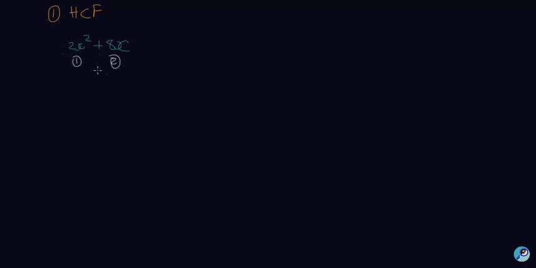So we have 2 terms here. To find the common factor, we look at term 1 and term 2. First of all, check our numbers. We have 2 in term 1 and 8 in term 2. We see that 2 is divisible by 2, and 8 is divisible by 2. So the common factor of my numbers is 2.